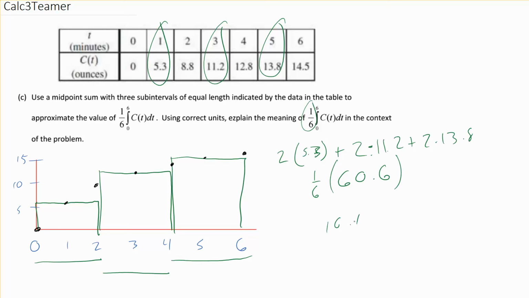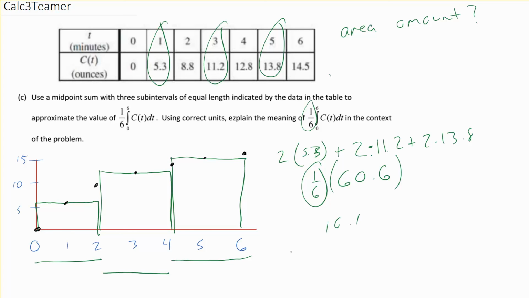So what does that mean in the context of this problem? We just found the area of an amount, and that doesn't mean that much to us. But when we take 1/6 of it, and it was 6 long, we're finding the average. So what have we found?